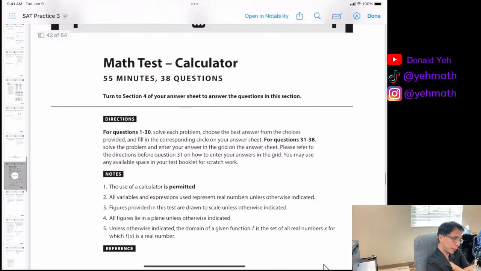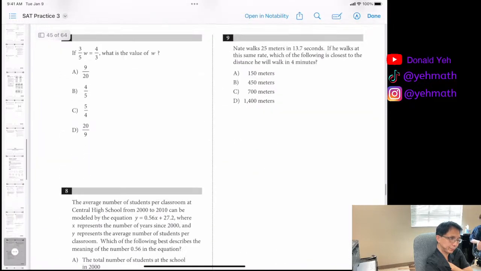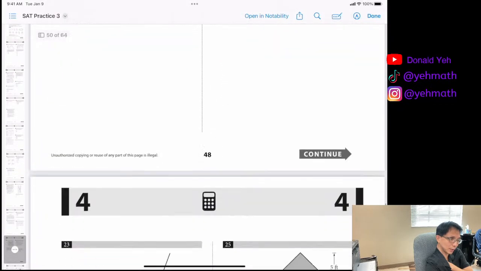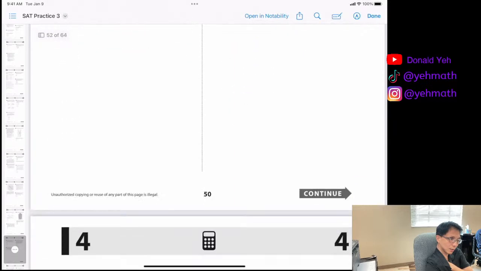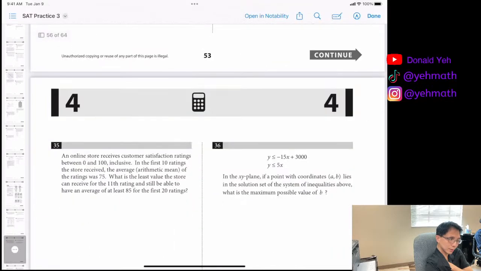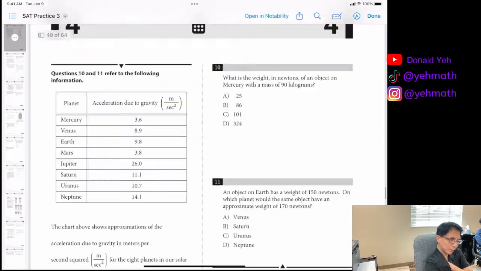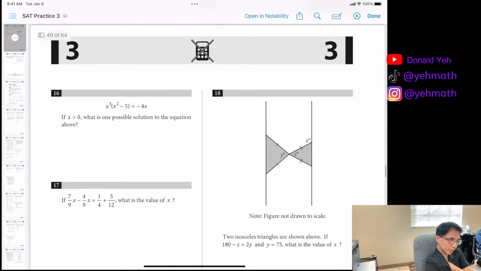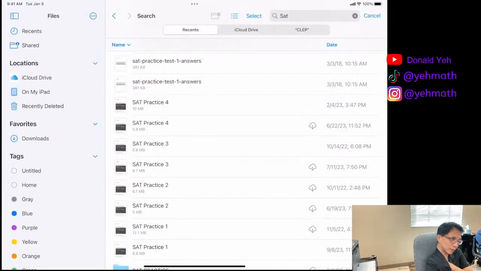Let me see if I can find the questions here. Usually at the end, they have a sine function and cosine function, and usually it deals with co-function identities. Maybe in the first section. No, they have different questions here. We are in practice 2, let's check out practice 2.